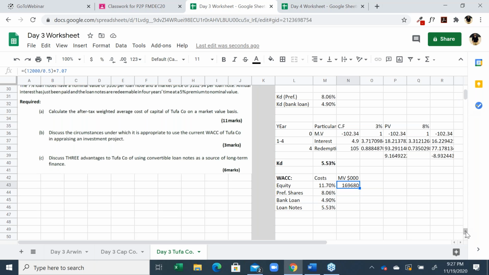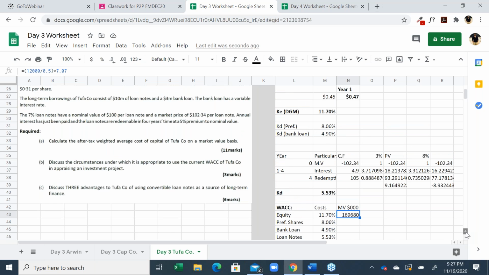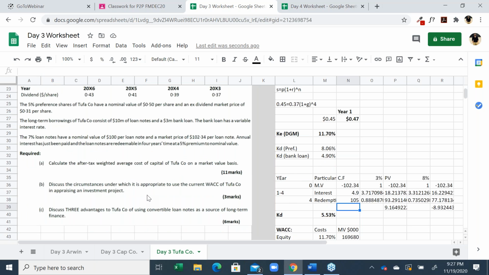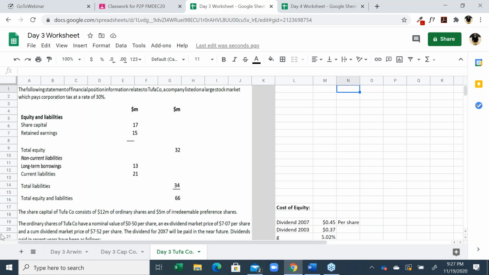In the same way, we will be calculating the value of preference shares. The preference shares also have a nominal value of 0.5, and the total value of preference shares will be somewhere in the data.